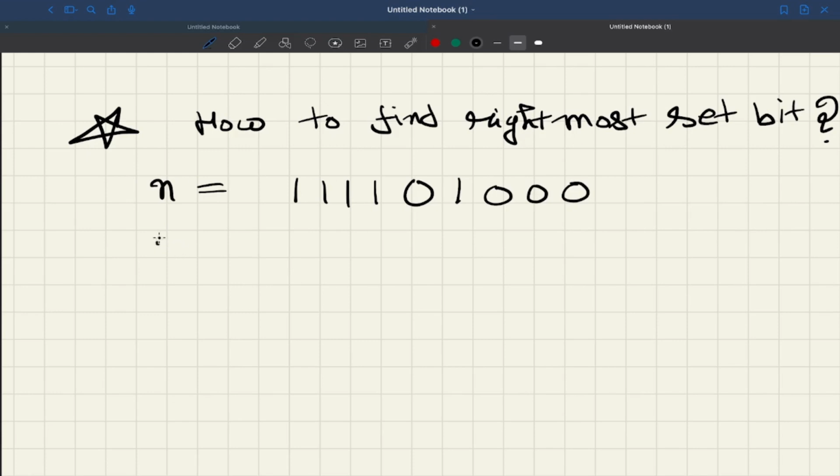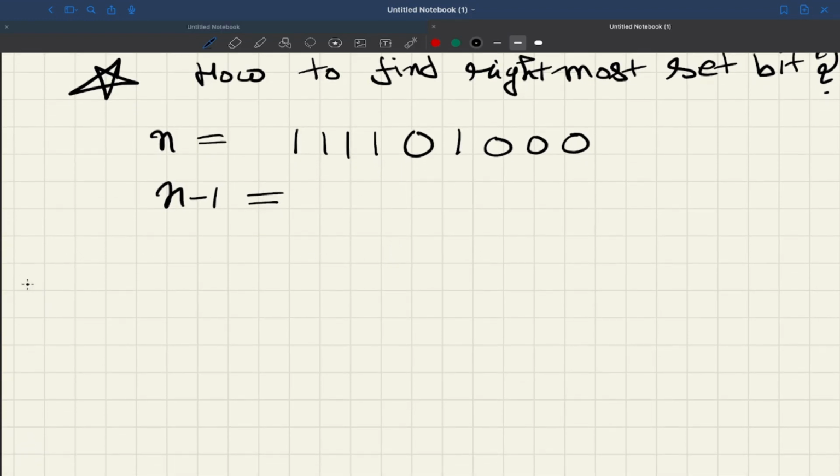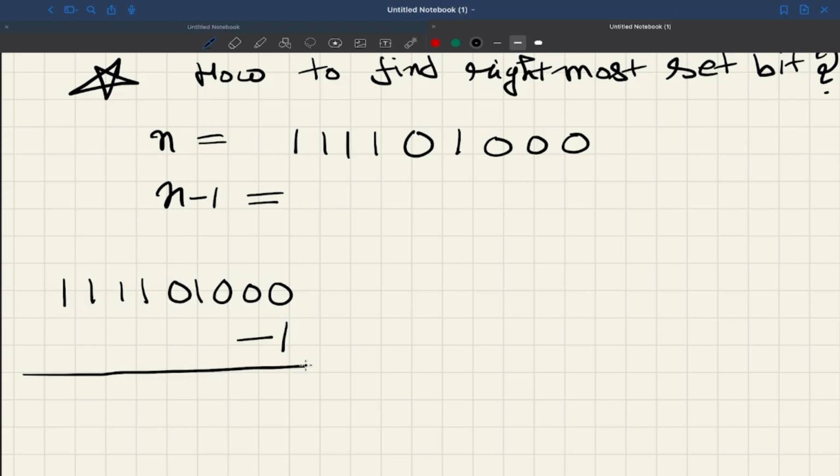How will n minus 1 look? What if I subtract 1 from this number? Let's do it. So let's do the subtraction: 1 1 1 0 1 0 0 0. Let's see what happens if I subtract 1 from it.